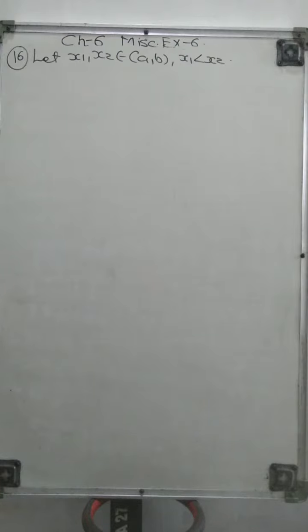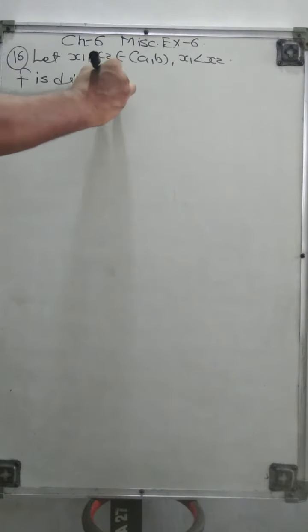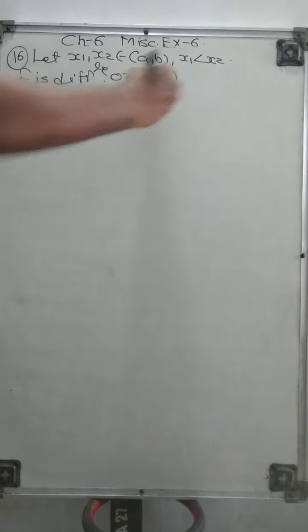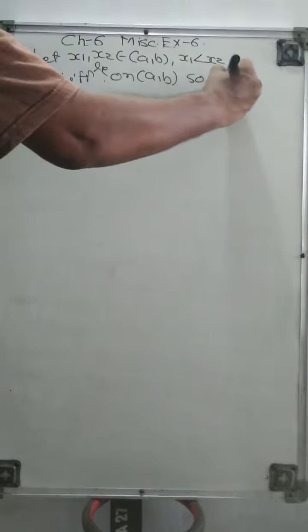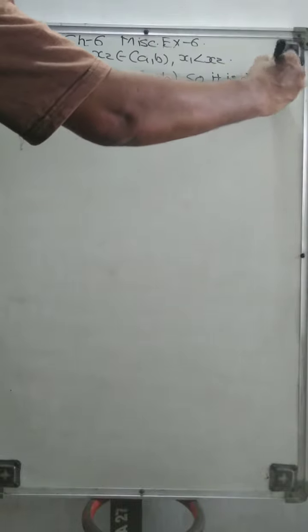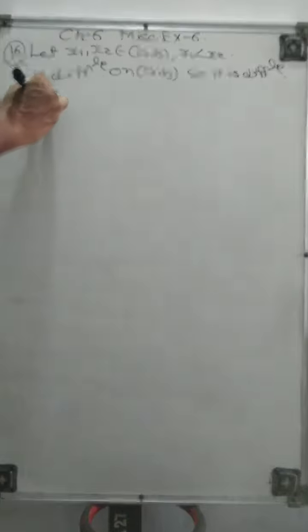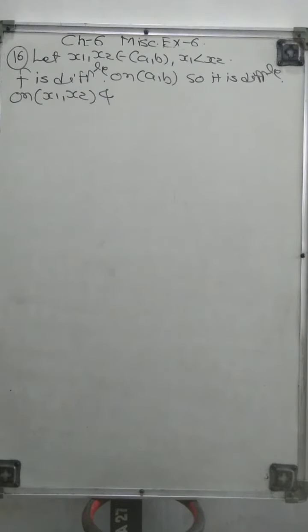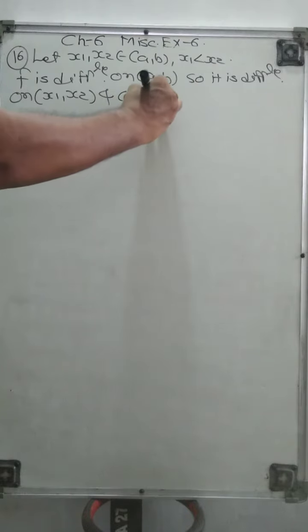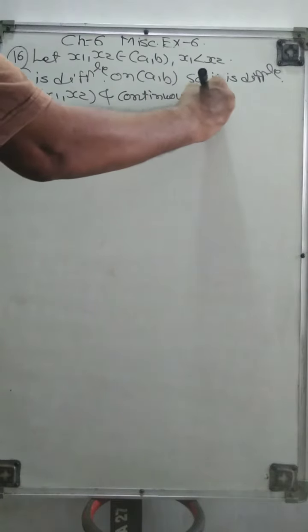Here f is differentiable on (a, b). Therefore, we can say that it is differentiable on (x1, x2) and continuous on [x1, x2].